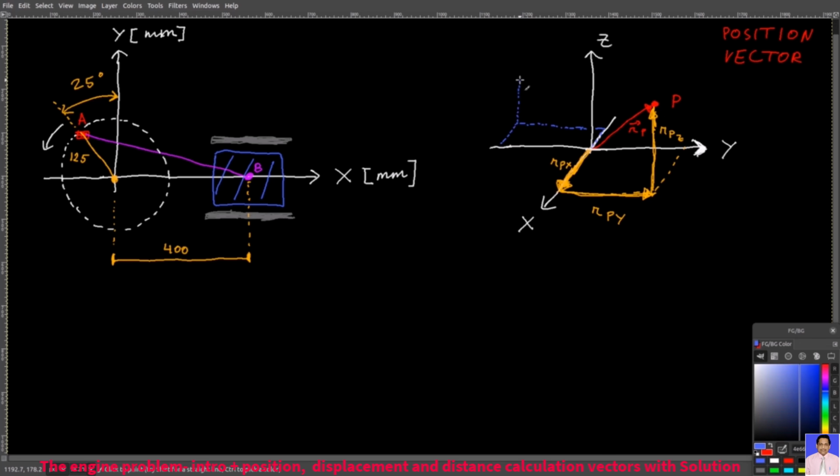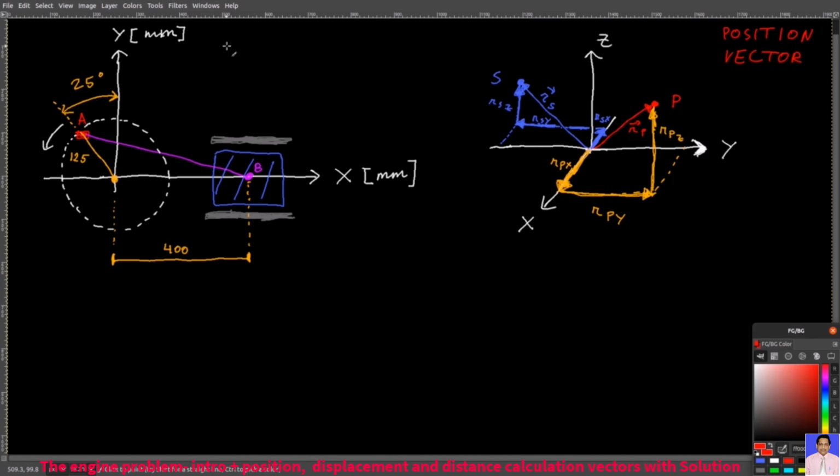But now let's define another point, and let's call it S. We draw another vector that goes from the origin of the coordinate frame till the point S. We call this vector RS. Again, we can construct this vector using three components. RSX, which is this arrow here, RSY, which is this arrow here, and RSZ, which is this vertical arrow here.